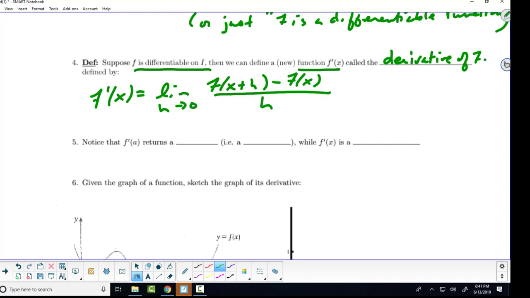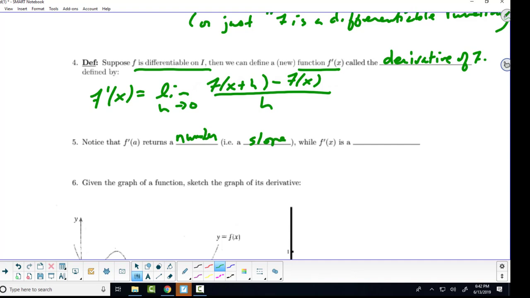It returns a value or a number. When I say f prime of a, you're expecting to see a number. The slope of the tangent line at x equals 7 was 25. The slope of the tangent line at x equals 3 was minus 7. You're expecting it to return a number, i.e. a slope.